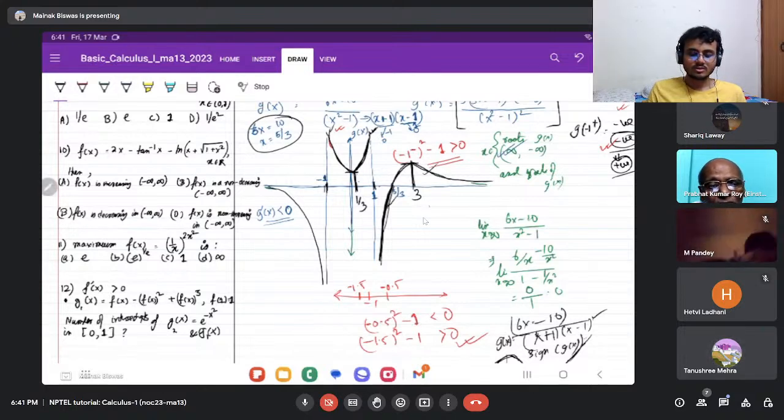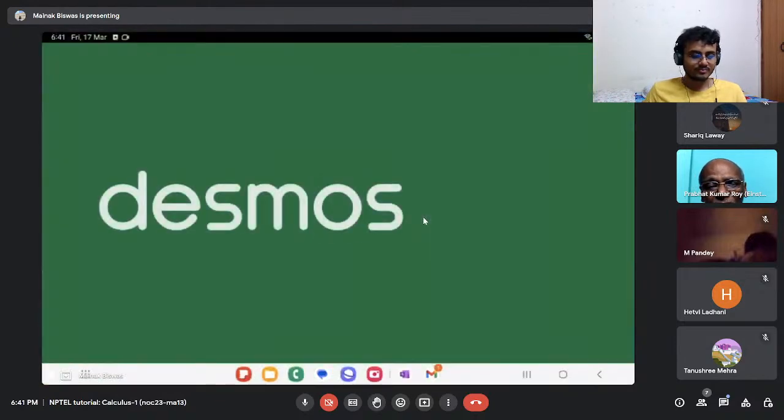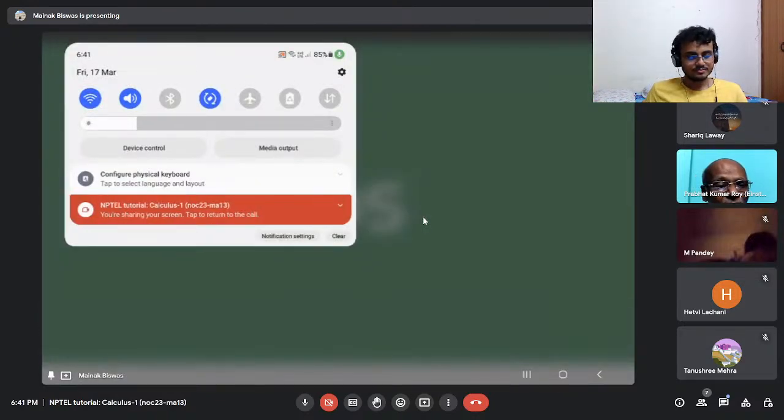This is the graph. So let's plot it using Desmos and see whether we are correct or not. We have used mathematics, and now we'll use the software and see.